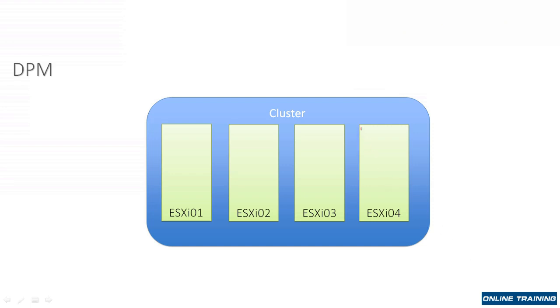What DPM will do is it'll place this host into what we call standby. And in standby mode, what happens is ESXi 04 is powered off. Right? It's powered off, it's not working, and all of the virtual machines that were running on ESXi 04 were vMotioned to other hosts, right?